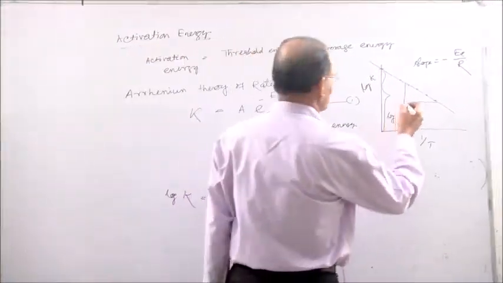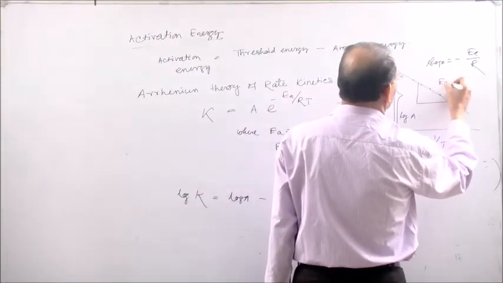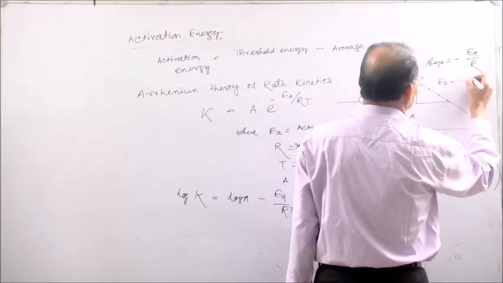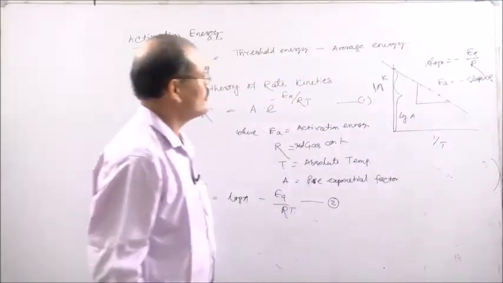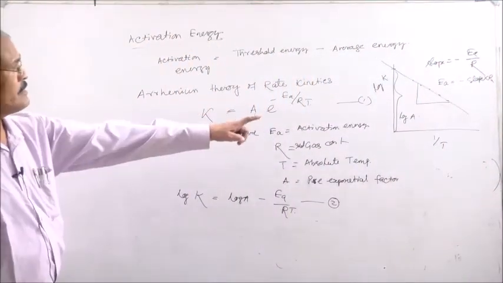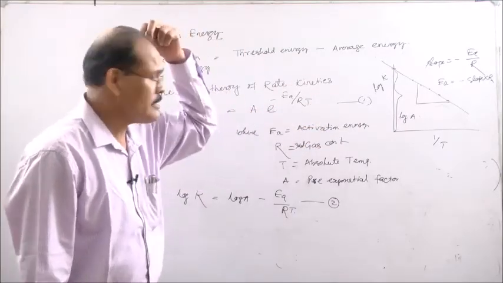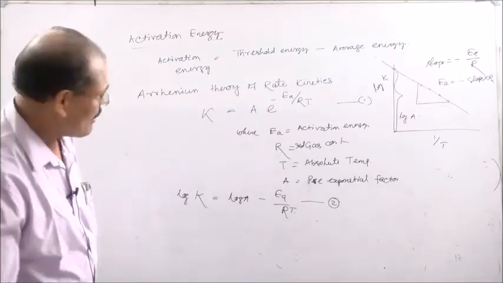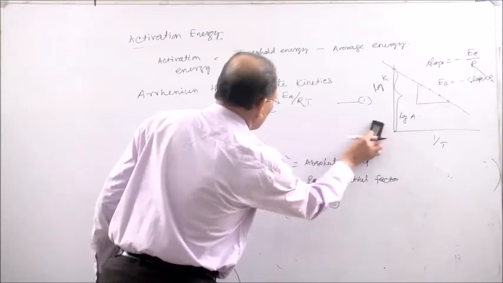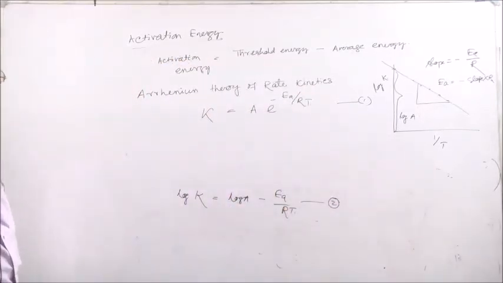So the activation energy Ea is equal to minus slope into R. From the plot we can calculate the activation energy as well as the log A value, that is the initial concentration value.